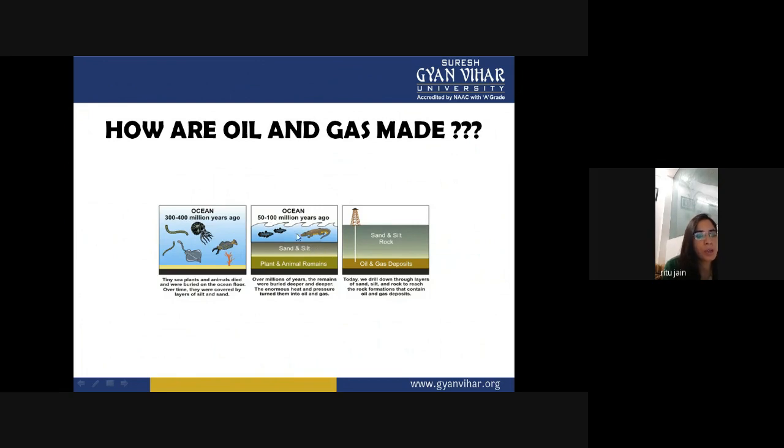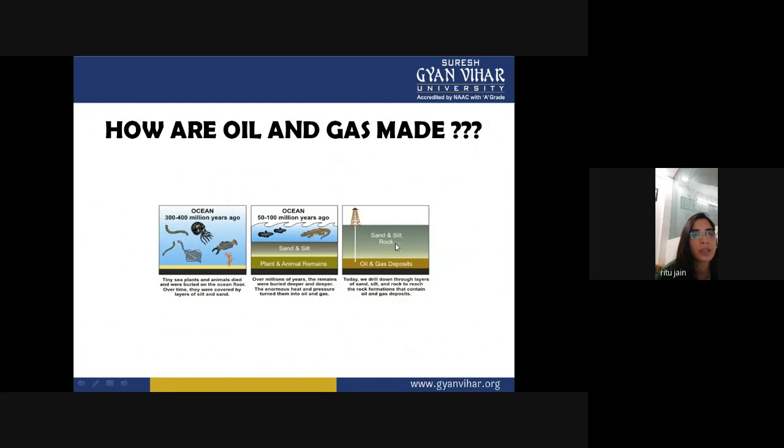And you can see over here that 50 to 100 million years ago, there is ocean. Over millions of years, the remains were buried deeper and deeper. The heat and pressure turned them into oil and gas. So today you are getting oil and gas deposits over here.